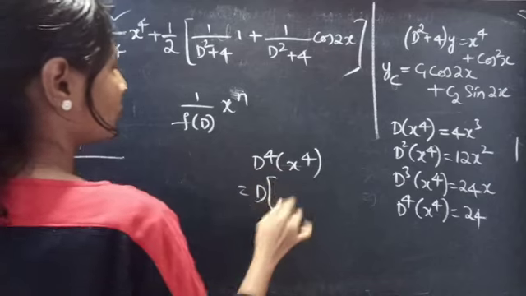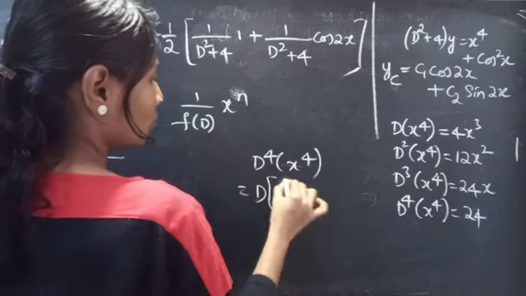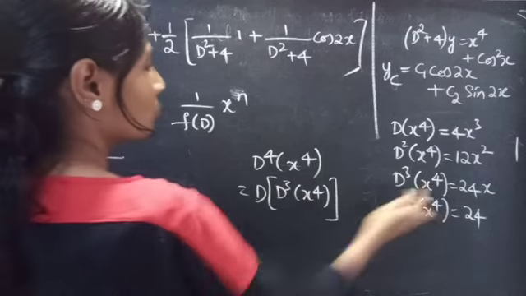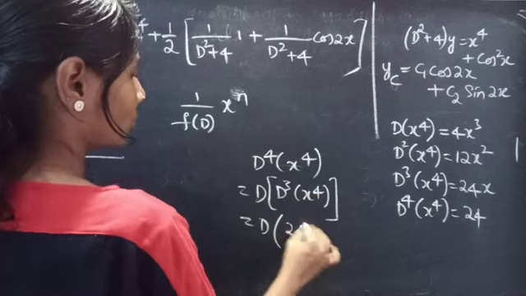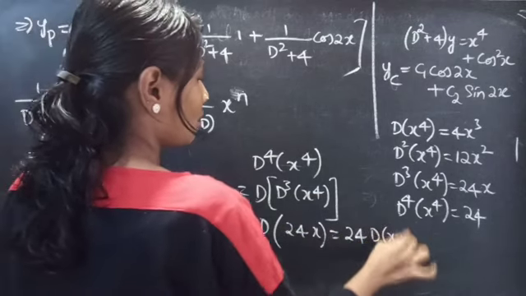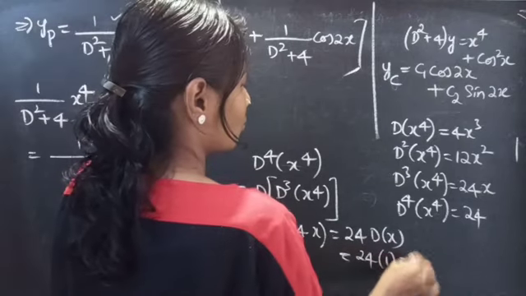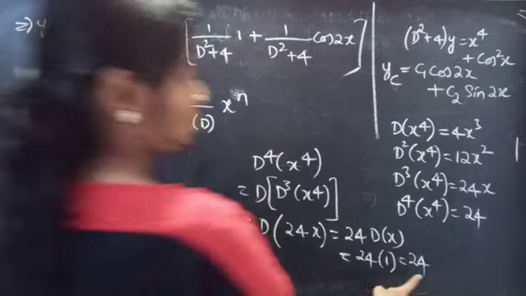We can write d power 4 of x power 4 as d into d cube of x power 4. Placing the value of d cube of x power 4 here, it equals 24 into derivative of x. We know that derivative of x is 1. So finally, d power 4 of x power 4 is 24.